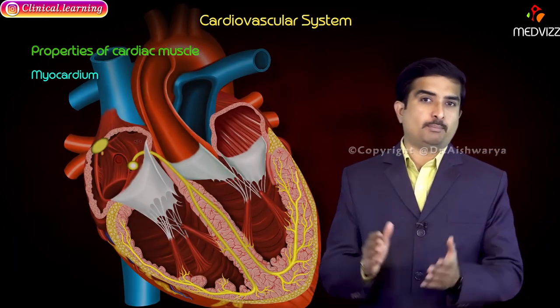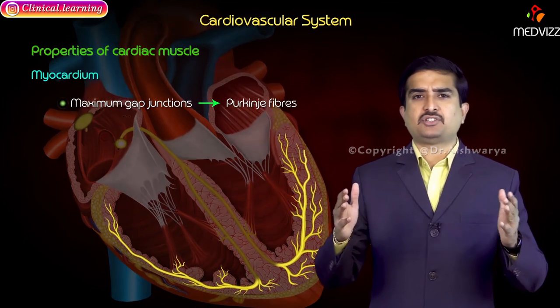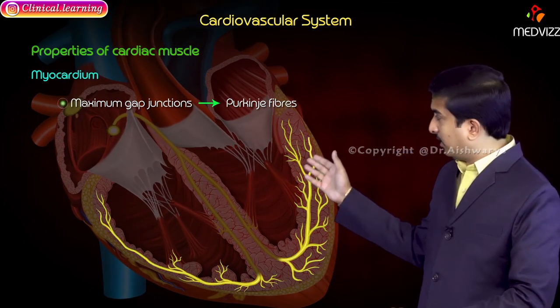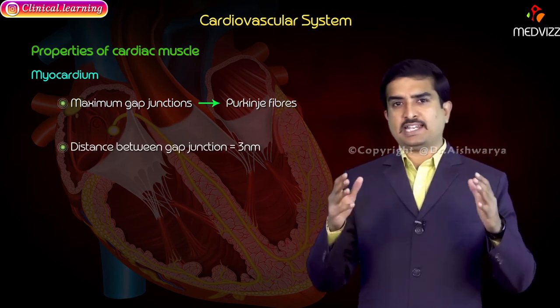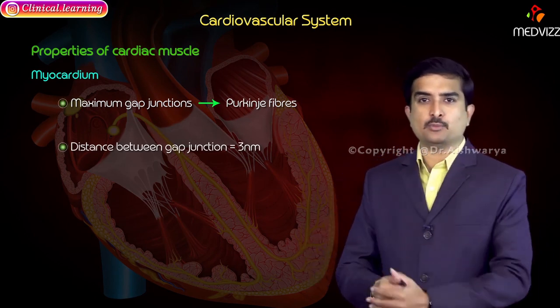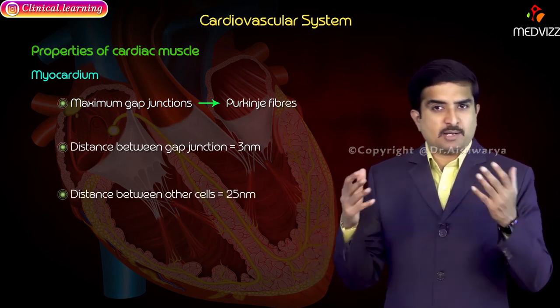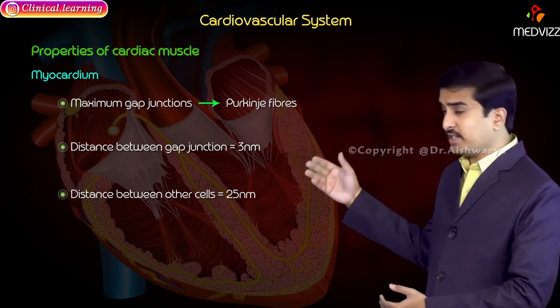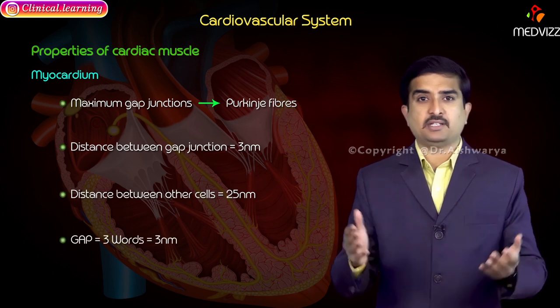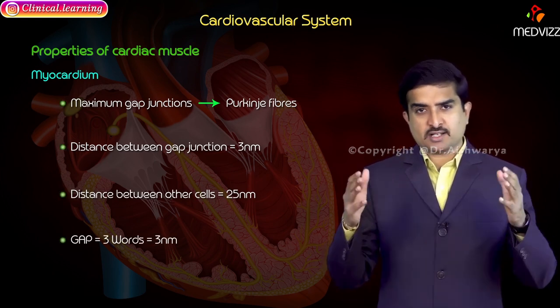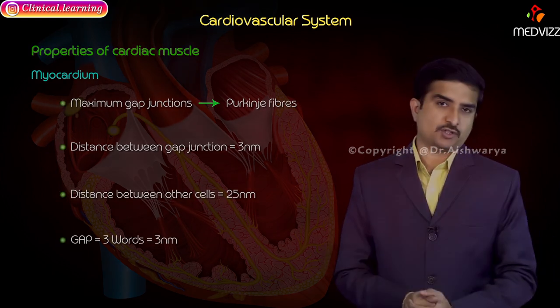Remember one important point: the maximum gap junctions are seen in the Purkinje fibers, and the distance between the gap junctions is 3 nanometers, whereas the distance between other cells is 25 nanometers. Remember, gap is a 3-letter word, so the distance is also 3 nanometers.